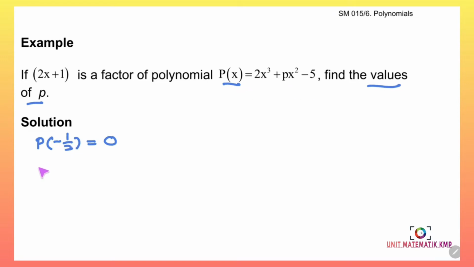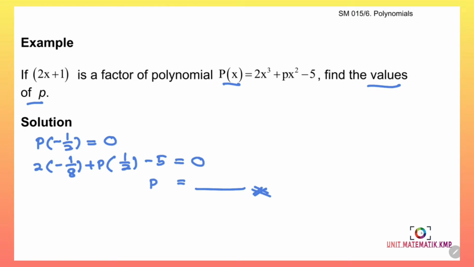So we have 2 times negative 1 over 8 plus p times 1 over 2 minus 5 equal to 0. Can you find the value of p? Please find the value of p by yourself.